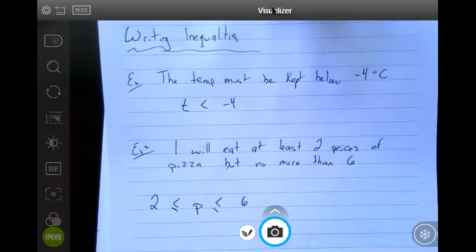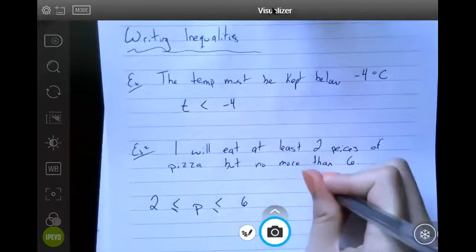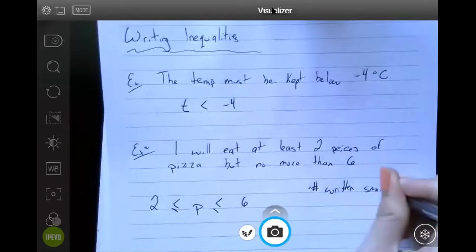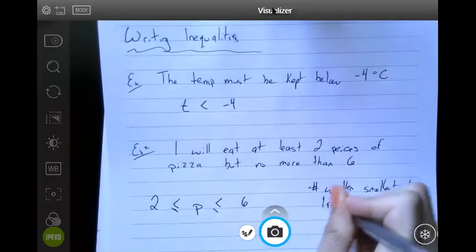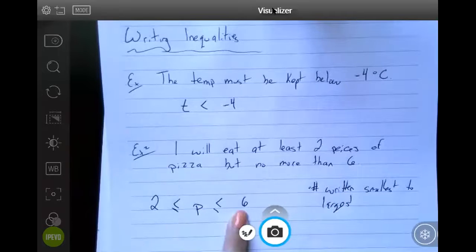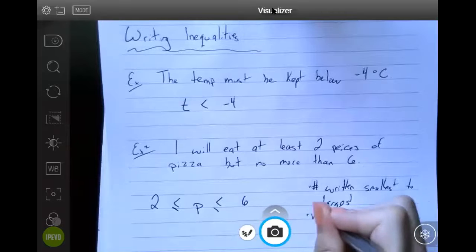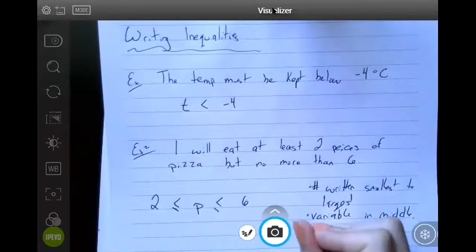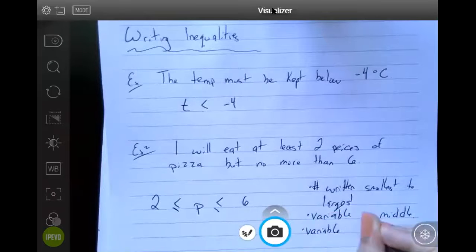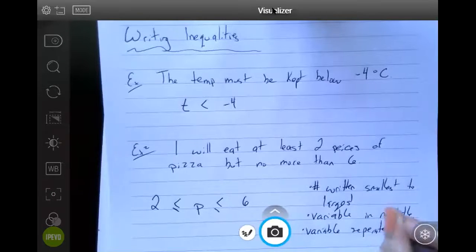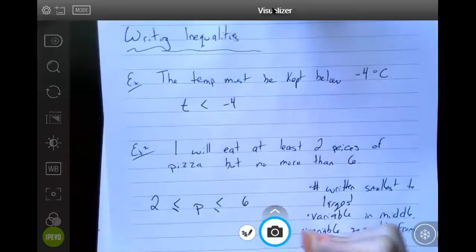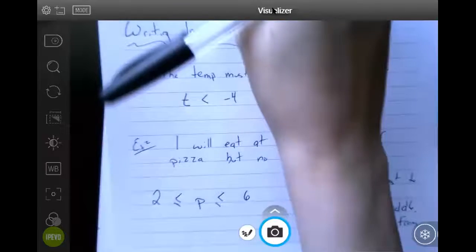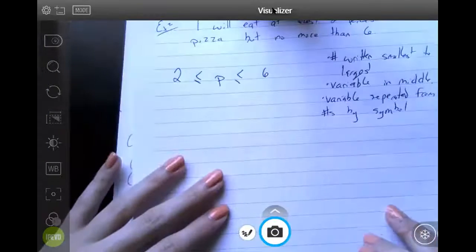Just to go over those rules again, numbers are written smallest to largest, and the variable must be in the middle. And the variable is separated from the numbers by whatever symbol you're using, whether it's the greater than, less than, greater than or equal to, or less than or equal to signs.